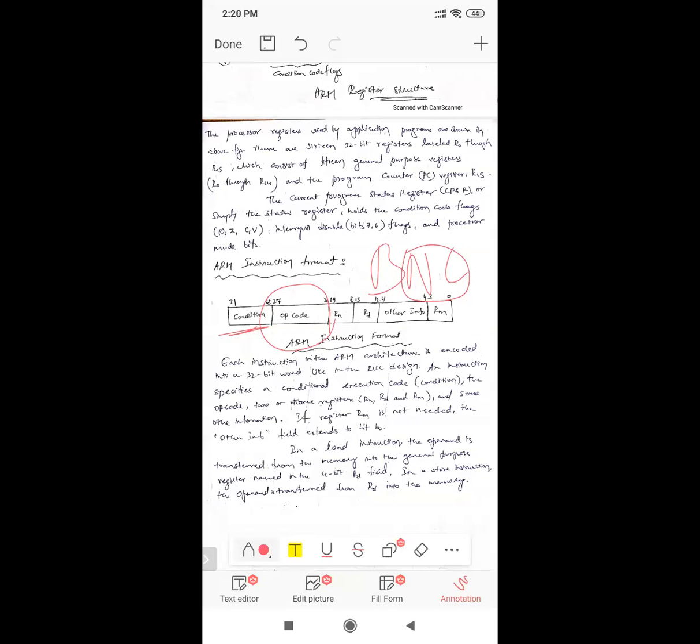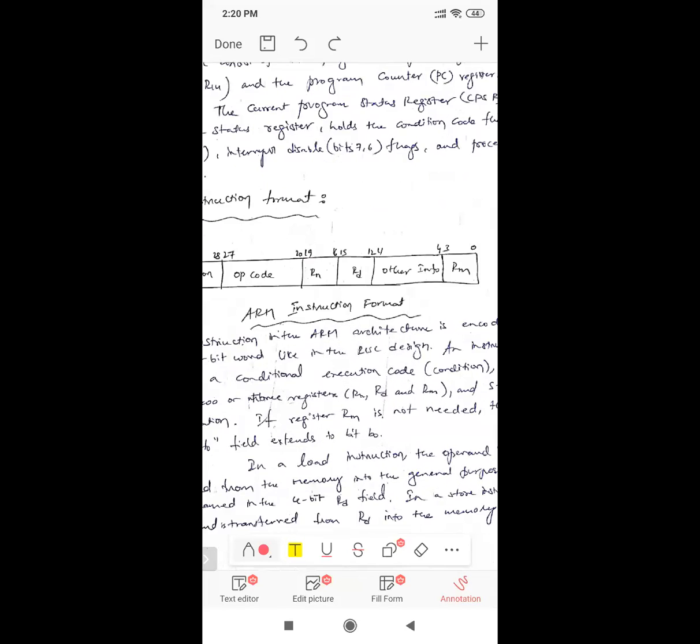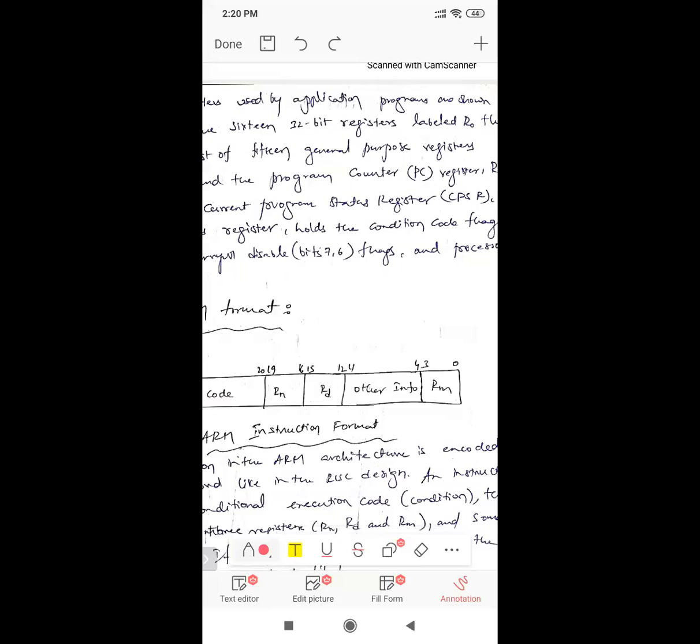And next, Rn, Rd, other information, and the Rm register. Add R1, R2. What is the meaning of add R1, R2?